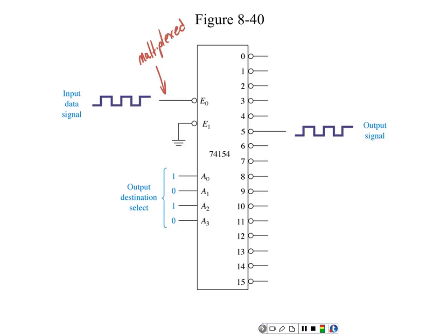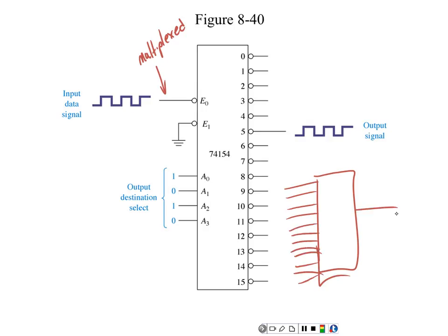So this would be 16 signals we got right here. So what I would do is over here I have a multiplexer that's bringing in 16 signals. And then over here I got one output. And then what I do on this multiplexer is I use 4 wires to select which signal to put on that output.